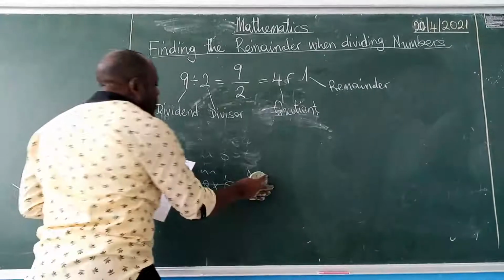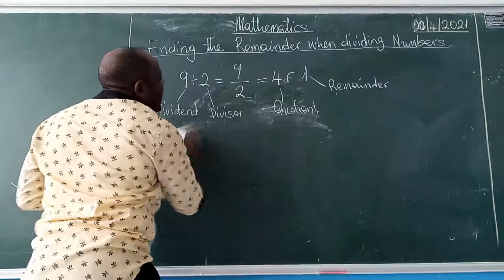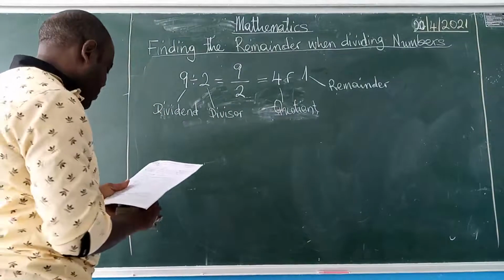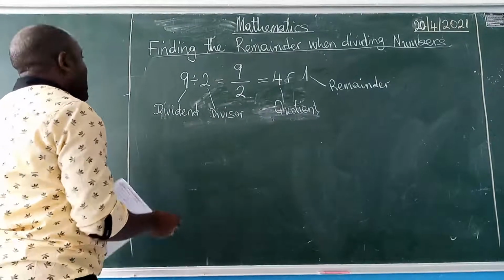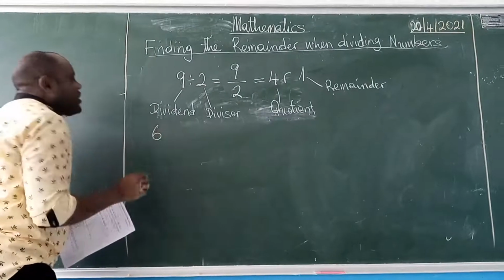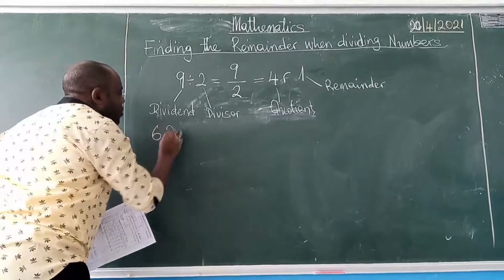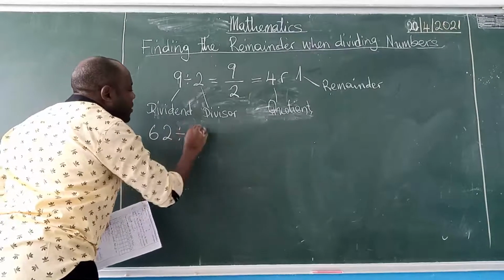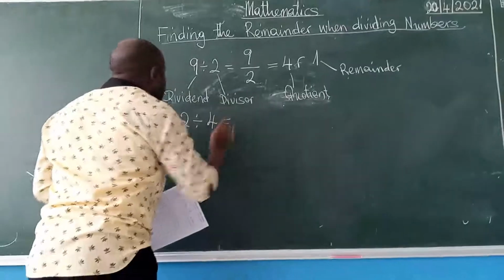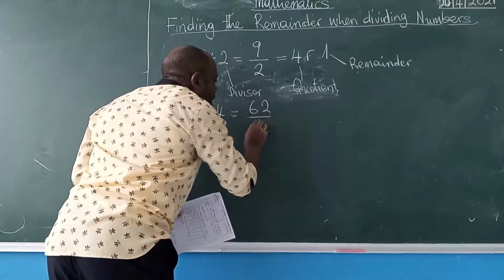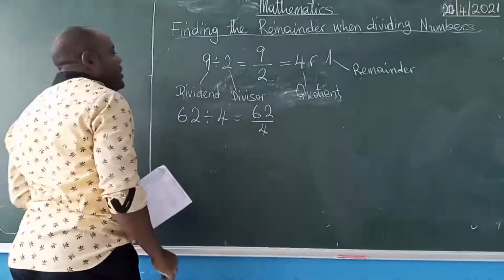Let us now go into solving and finding the remainder. I take, for example, the first one, 62 divided by 4. It is the same thing as 62 all over 4.